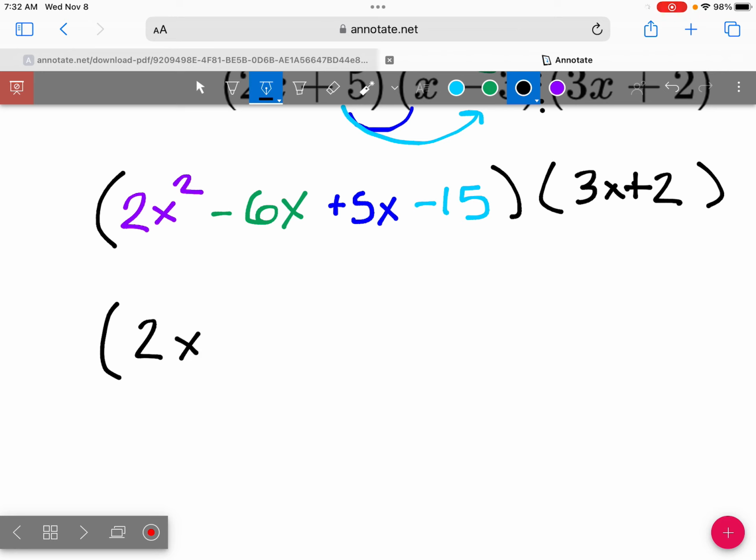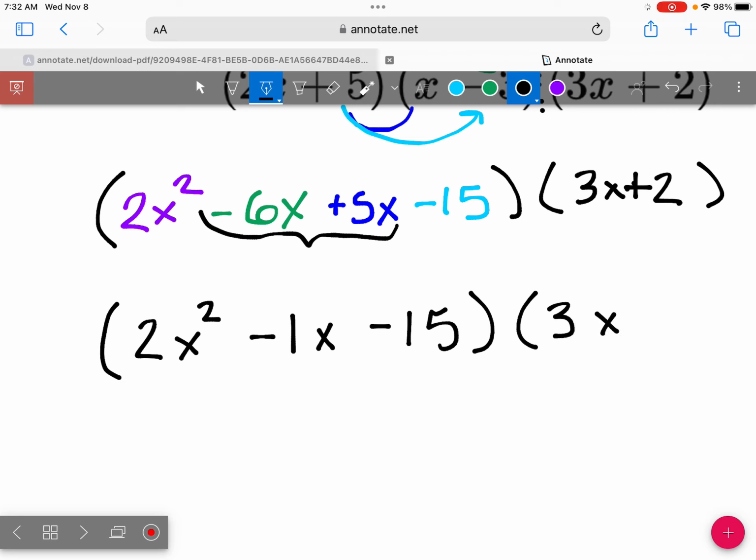So we're going to have our 2x squared, and our like terms, a minus 6x and a positive 5x, which is going to give us negative 1x minus 15, and that's still times 3x plus 2. So multiplying the left pair, we got it back down to a trinomial. We got it fully simplified and put it here. And now we're going to distribute again, this left-hand guy onto the right-hand guy.